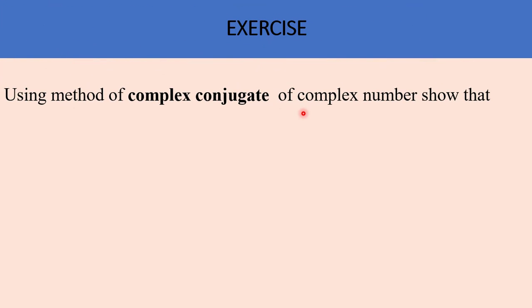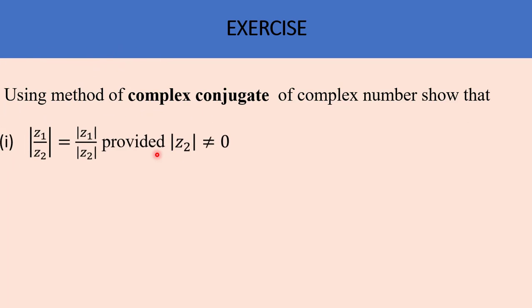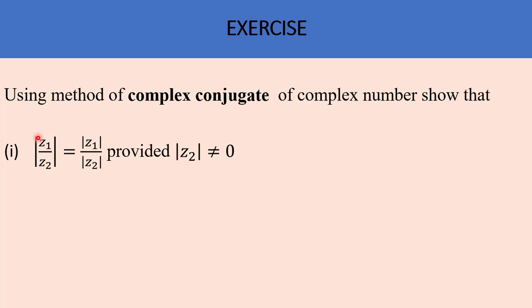Using the method of complex conjugate of a complex number, show that number 1, the absolute value of z1 over z2 is equal to the absolute value of z1 divided by the absolute value of z2, provided the absolute value of z2 is different from 0. Then number 2, the absolute value of z1 plus z2 is less than or equal to the absolute value of z1 plus the absolute value of z2.